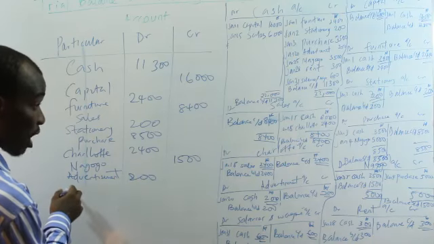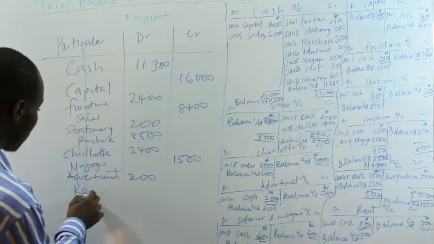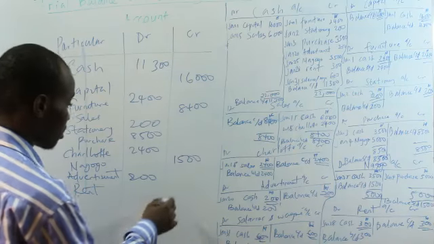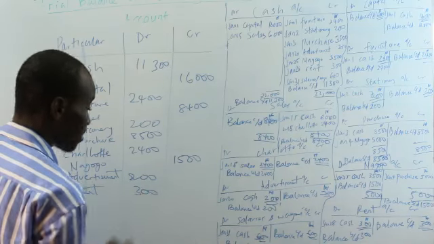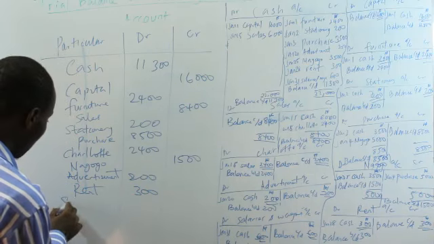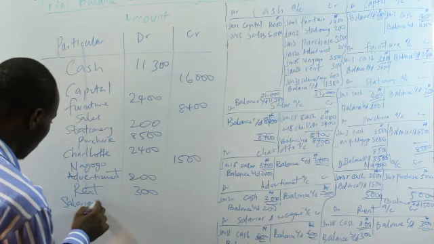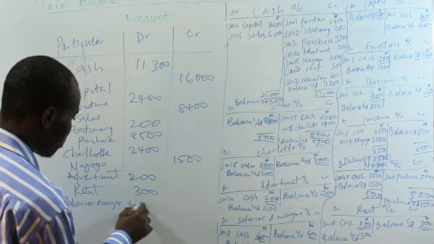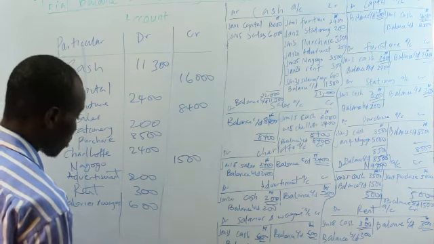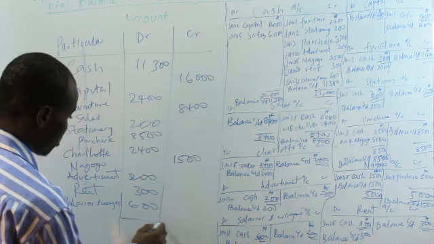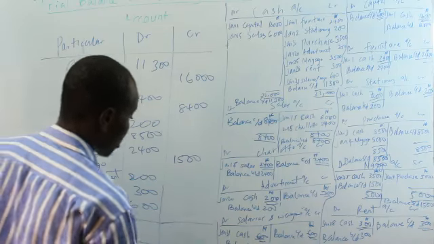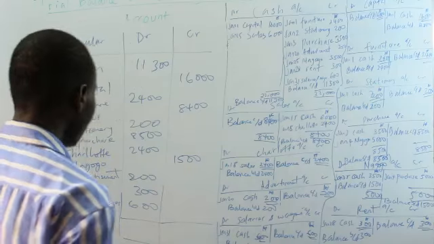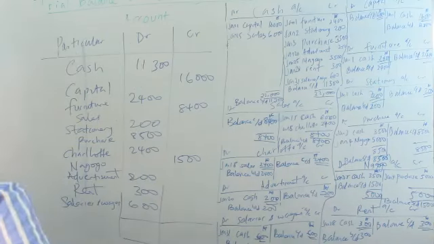So we also have rent account. That gives us a debit balance of 300, and expenses accounts. We have salary and wages. So we have 600. So we can balance the account.